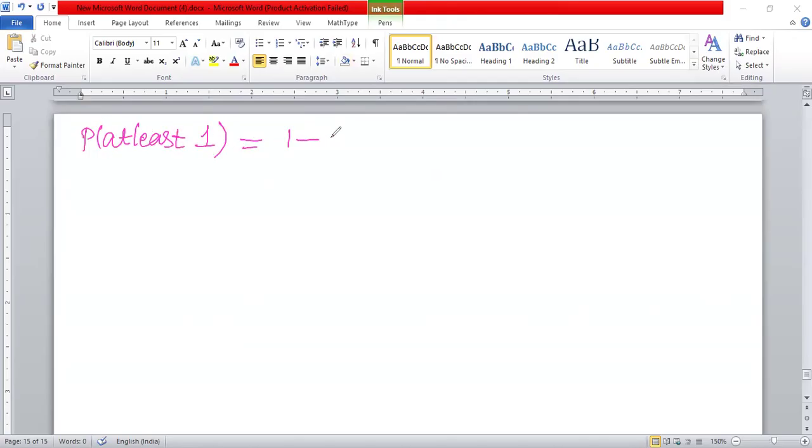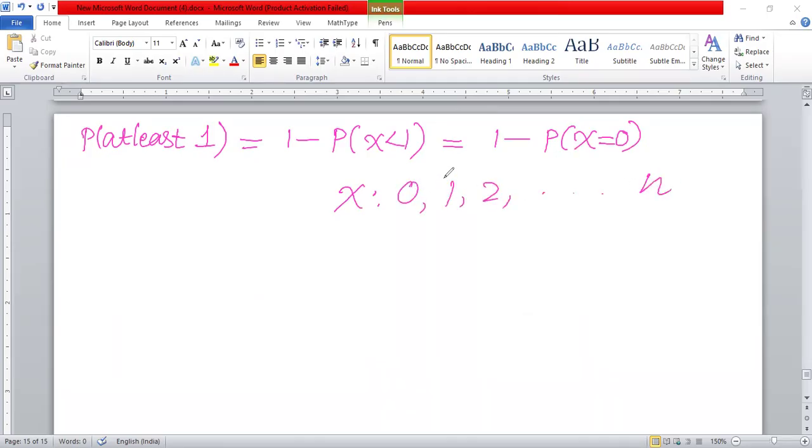How to write? 1 minus probability x less than 1, that is equal to 1 minus probability x equal to 0, because the range starts from 0, 1, 2, etc., n. So don't skip 0. 0 is also one of the success, sorry, failure counts. So we are able to write x equal to 0.